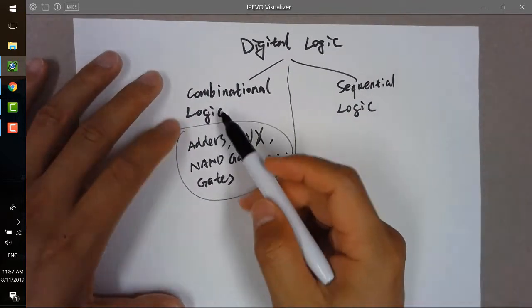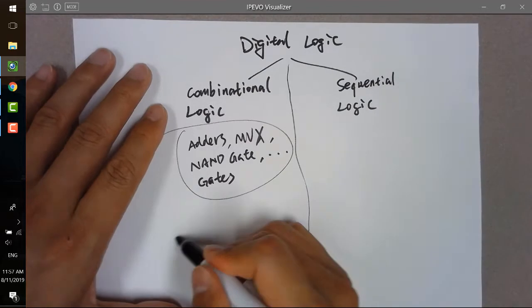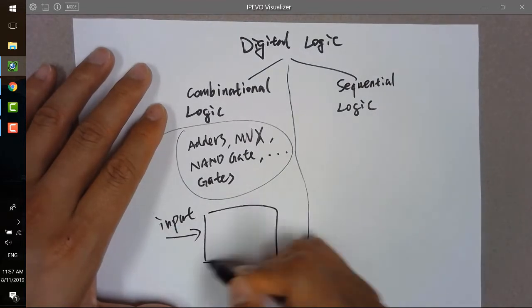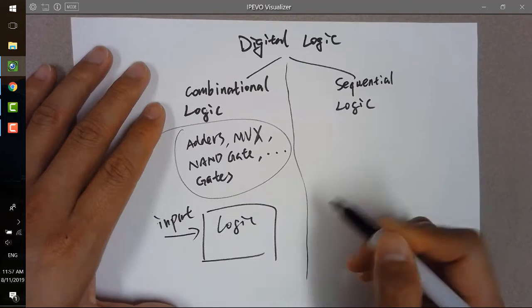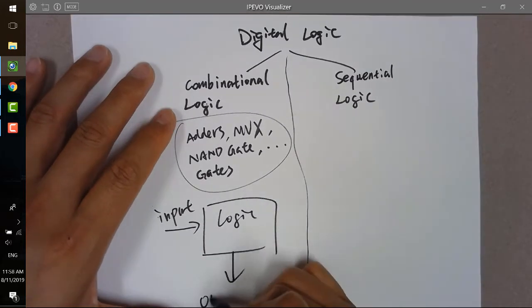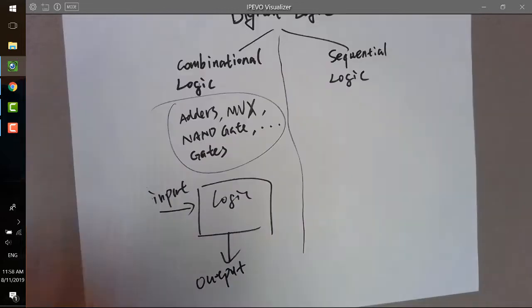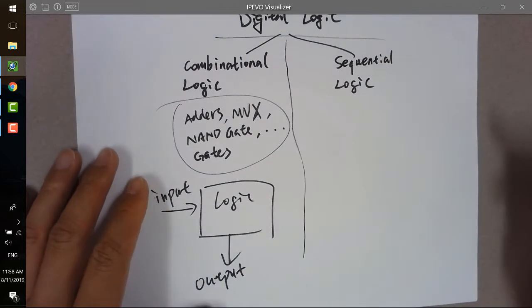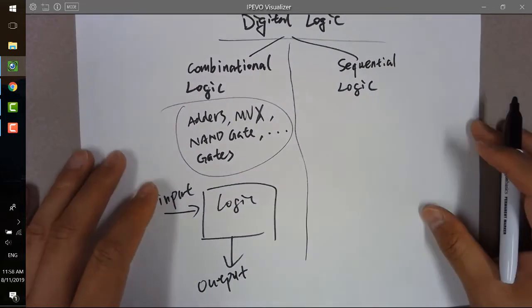The reason is they are kind of static. You give an input, and if you know the logic, you can predict the output. It will be a pretty unique output, and there's no surprise. It's just static logic.